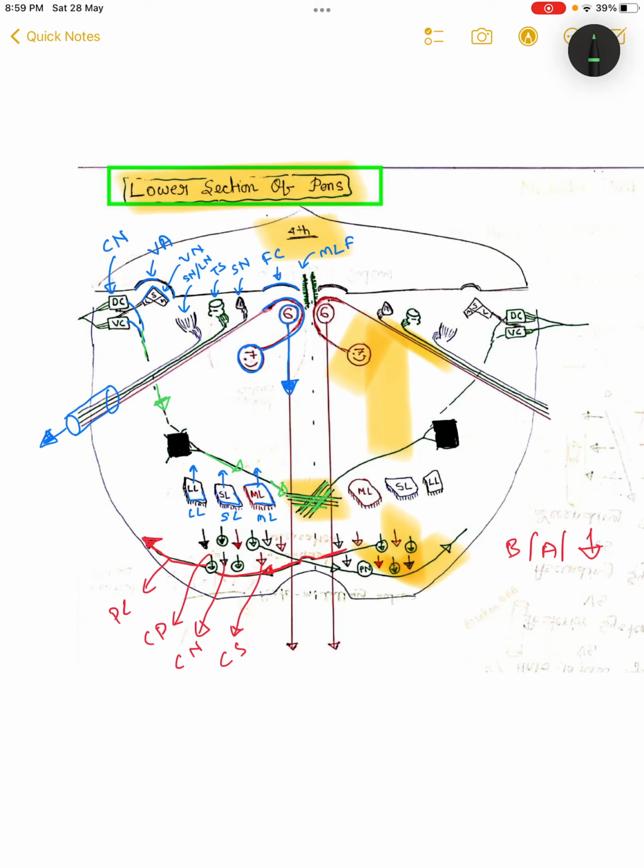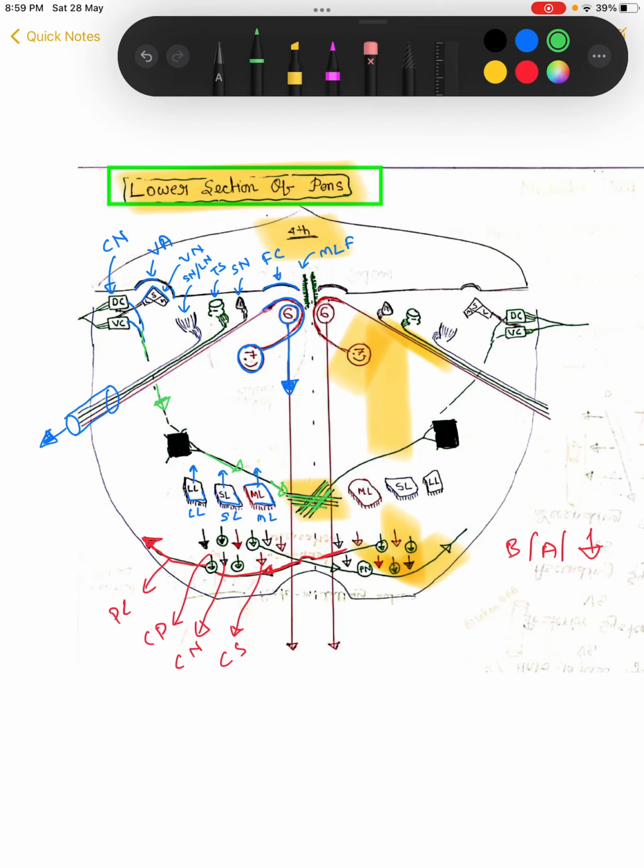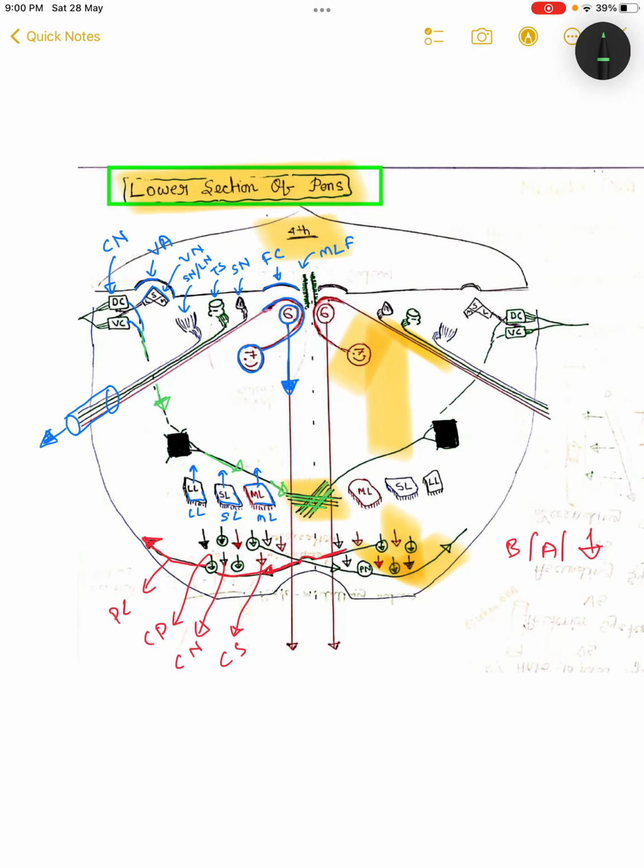You guys already know that. And at the end, what you will find is that cochlear will give some fibers, vestibular will give some fibers, then we will get a nerve which is known as the vestibulocochlear nerve, right? Okay, which is moving forward. So this is for now.